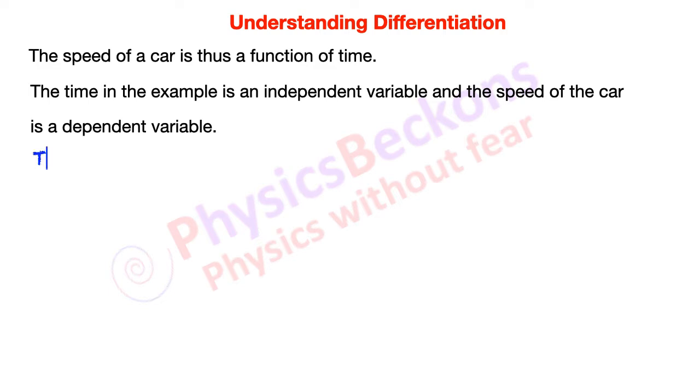A very important concept is the concept of rate of change, because the rate at which a particular quantity, maybe height, maybe speed, maybe acceleration changes, is important for studying a particular phenomena.